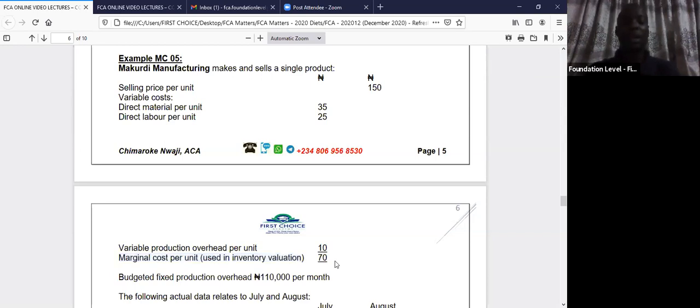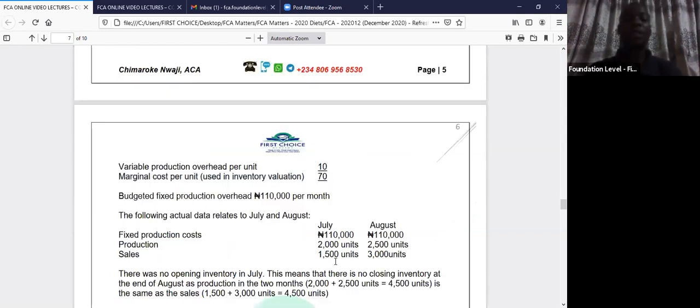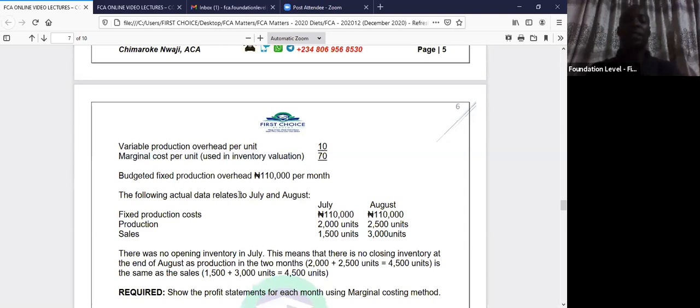Now we said here, budgeted fixed production overhead. It is budgeted at 110,000 naira per month. And they said the following actual data relates to July and August. So we have 110,000 as our fixed production cost.